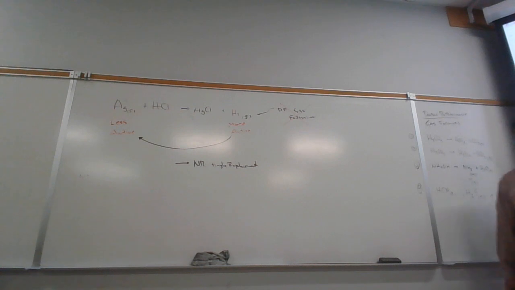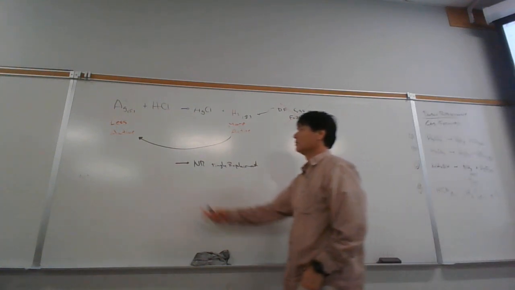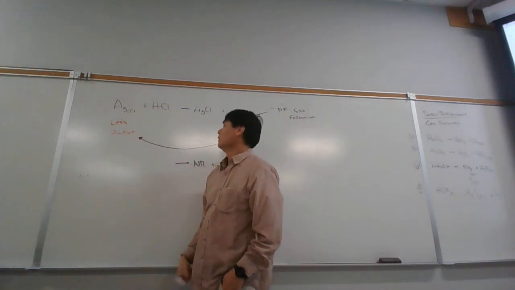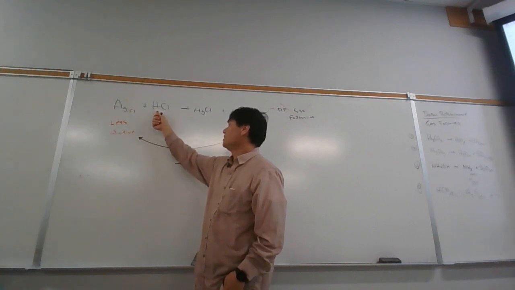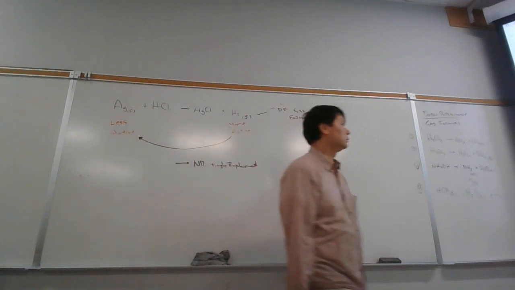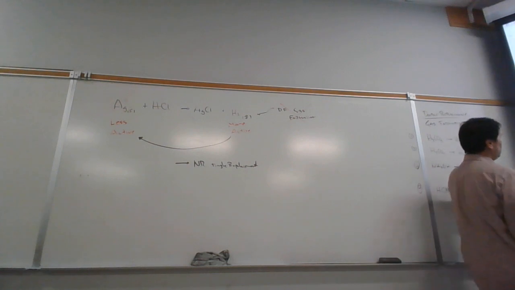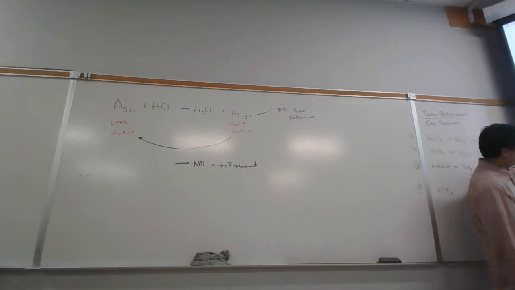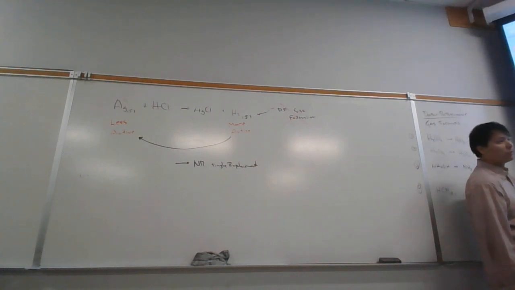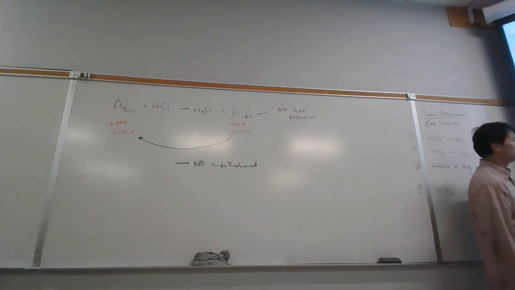Well, that's fine because that's what single replacement should be. Silver should be the reducer. Now, as far as oxidizers go, we just have H plus and water. And so as far as oxidizer, H plus is here. And you see these three dots? That's where water goes as an oxidizer. And so these three dots mean water.